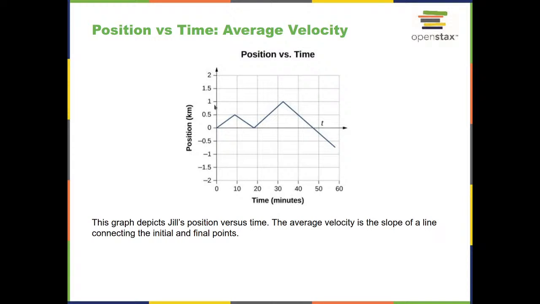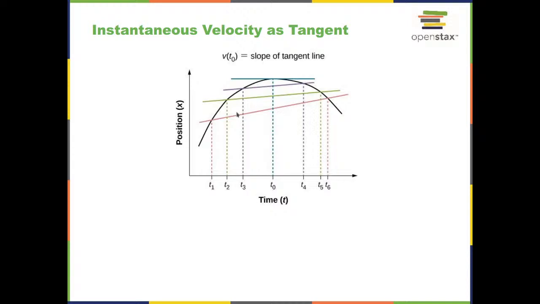So the other thing that we can read off from that is actually the velocity, the average velocity, to get, for example, from the first point from home here at 0, 0 up to the first point at 8 minutes and 0.5 kilometers.